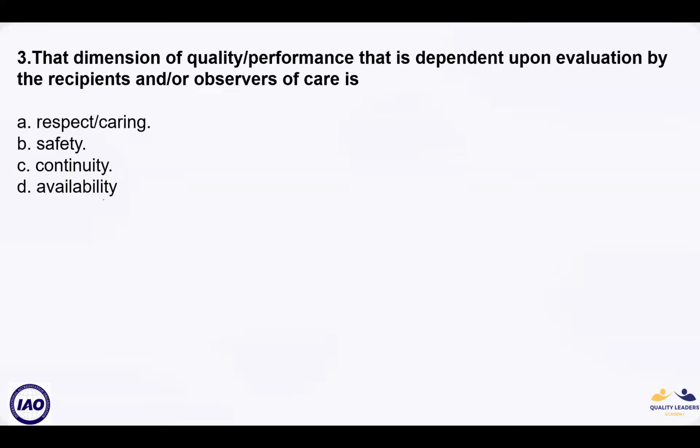And it's mostly a structural system measure. Okay, this is not any feeling. Availability is not a feeling. So out of all these options, what we get to know is that option A, respect and caring, is subjective and perception based.